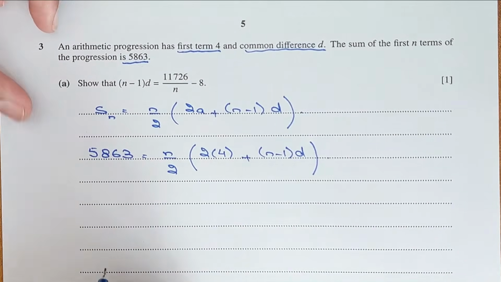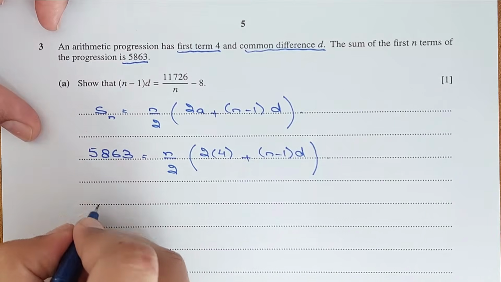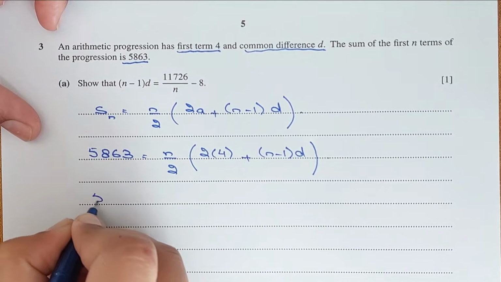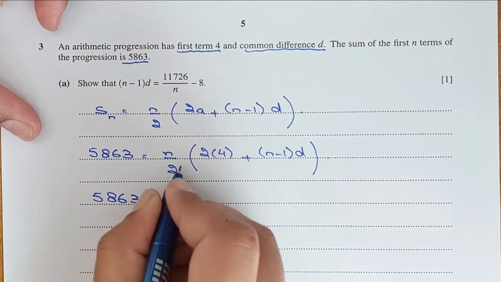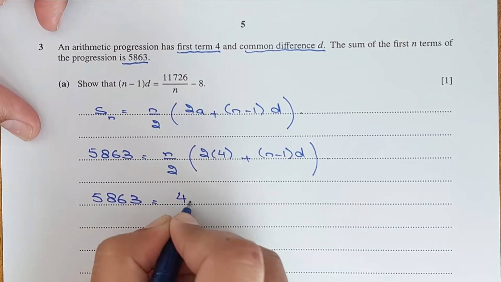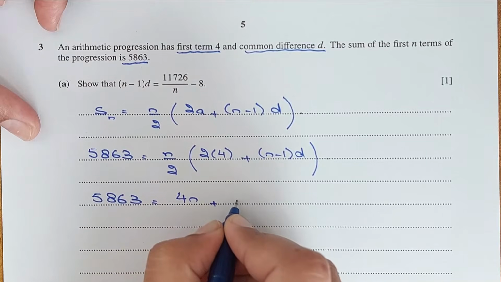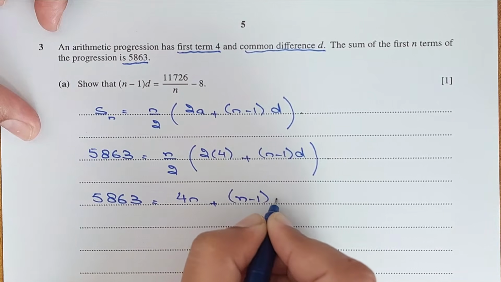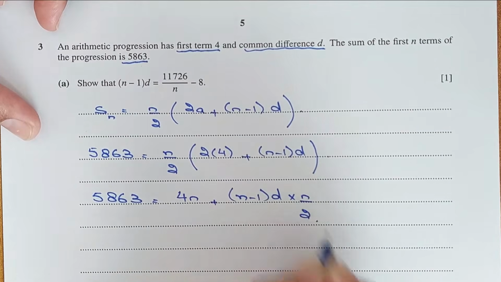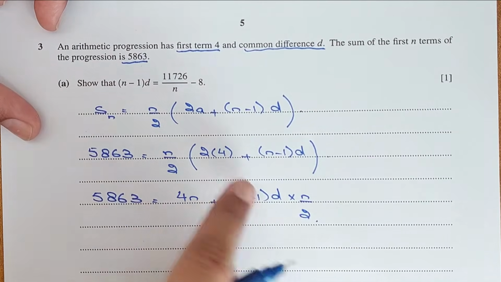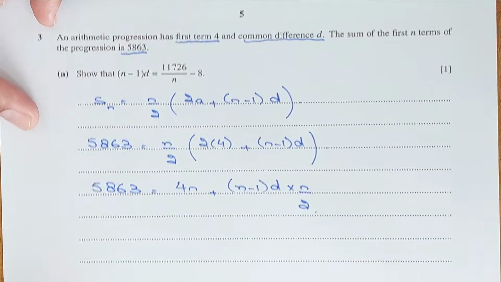Now we have to simplify this. We can say 5863 equals, 2 is cancelled with 2, 4n plus (n minus 1) times d, times n by 2. We have to find (n minus 1) times d and shift all the terms to the other side.